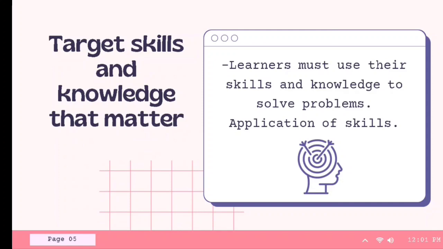It focuses on the application of enhanced skills in real life. The teacher must create a performance assessment that will focus on the enhancement of the skills and knowledge of the learner that they can use as they work in real life sooner or later.